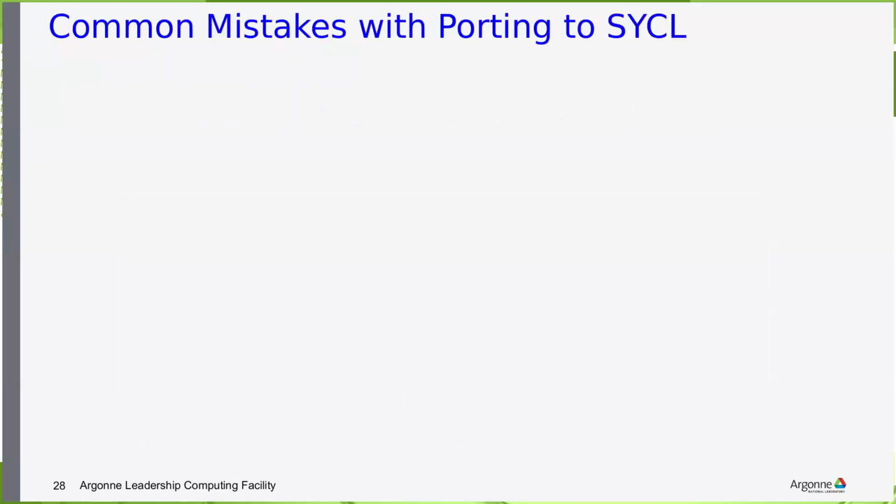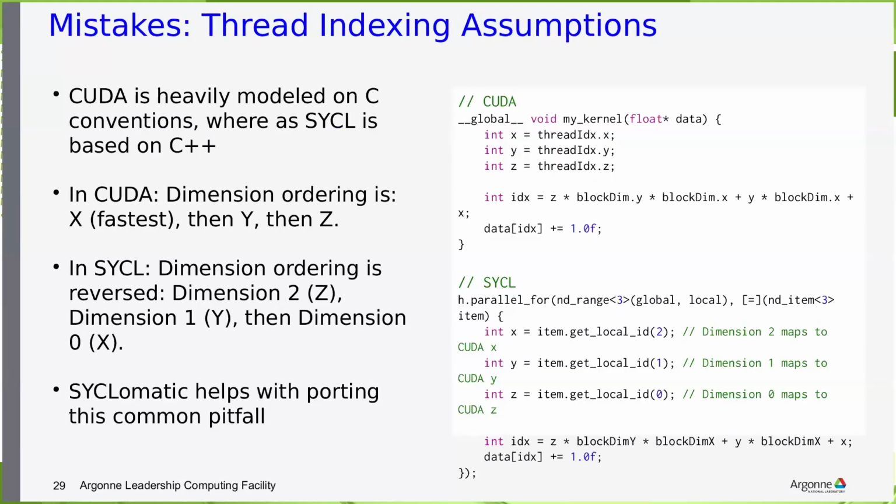Some of the common mistakes you can come across when porting from CUDA to SYCL. The most common one is the XYZ dimensions, which naturally get translated to 0, 1, 2 when you port to SYCL, but it should be inverted to 2, 1, 0. This is the most common pitfall we came across in the earlier days.